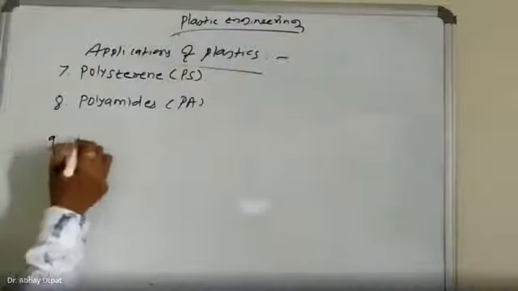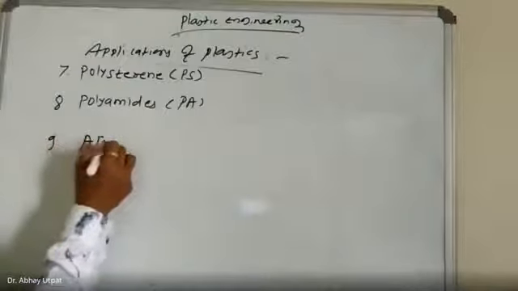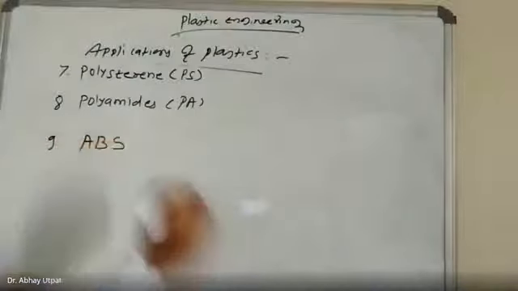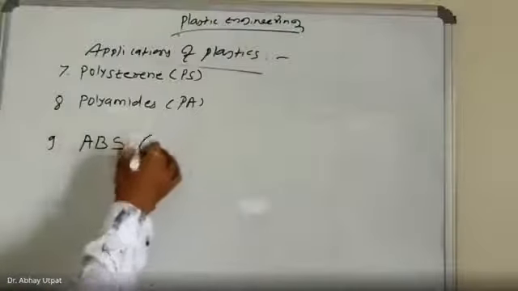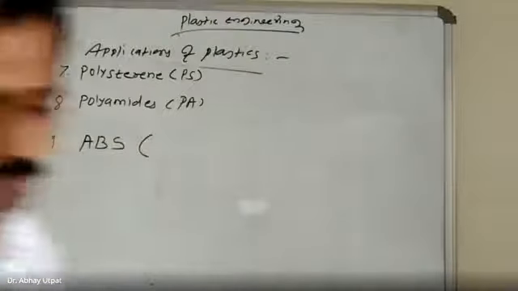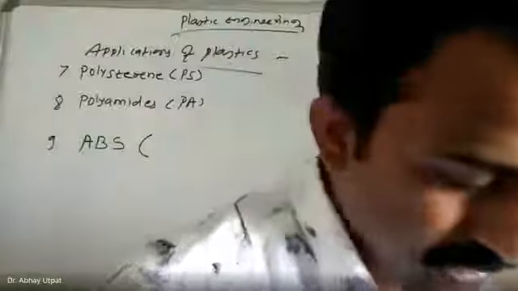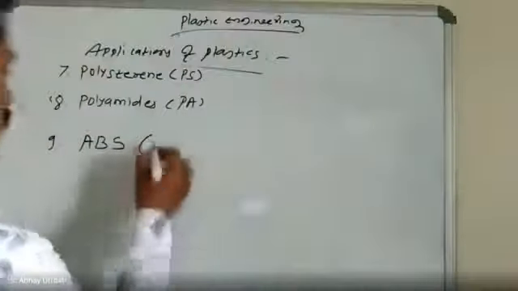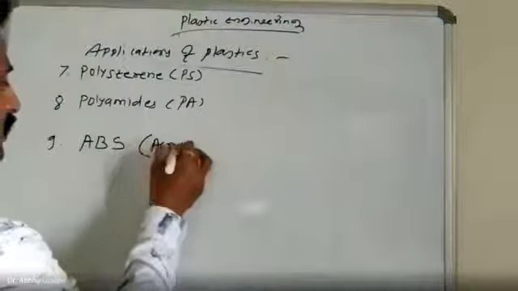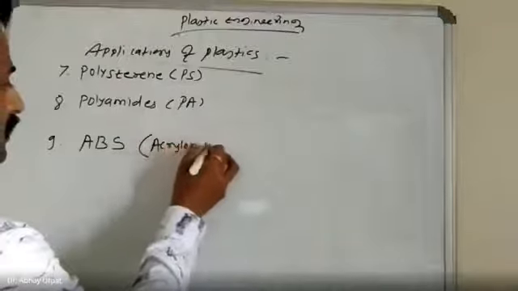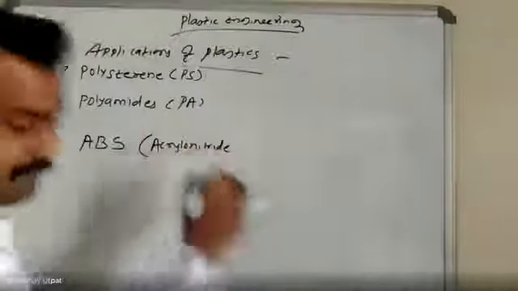And now the most important is ABS plastic. Write down the long form: acrylonitrile butadiene styrene.